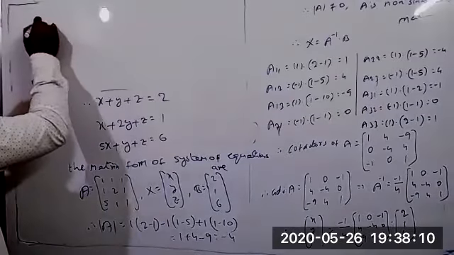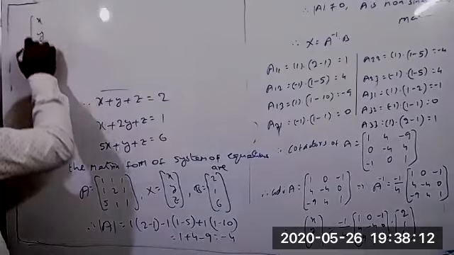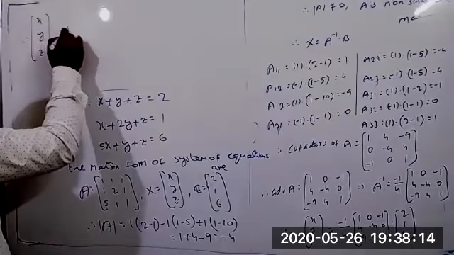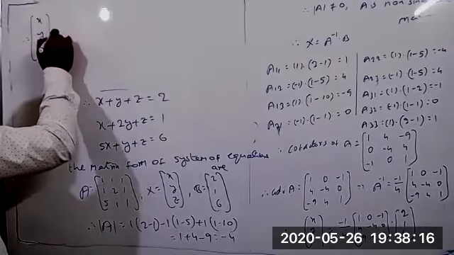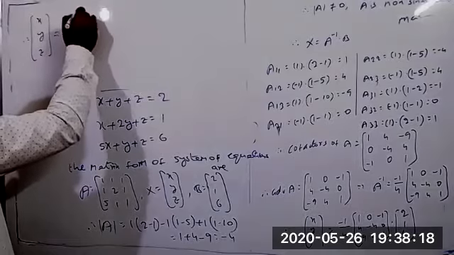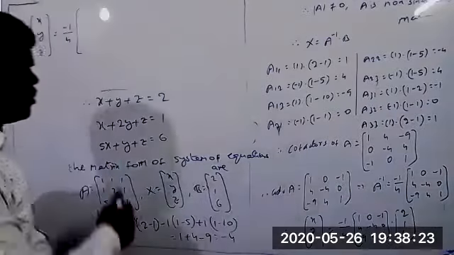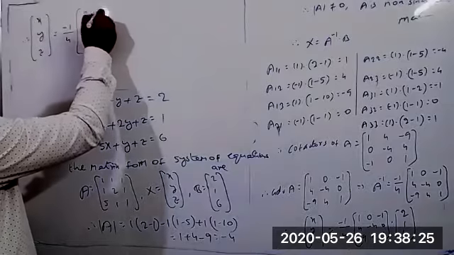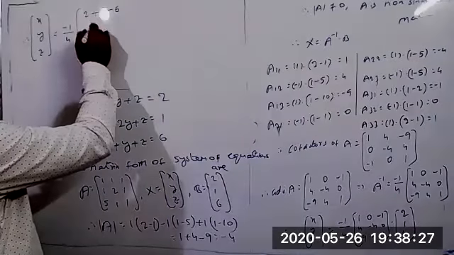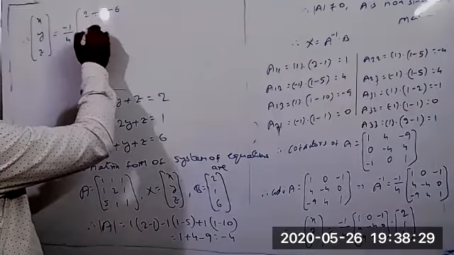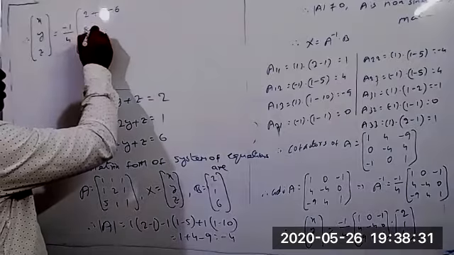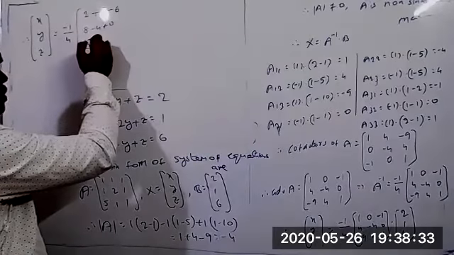So therefore, x, y, z equal to minus 1 by 4 into multiply now 1 into 2, 2. This is the 2 plus 0 minus 6. First one. Next 8 minus 4 plus 0.